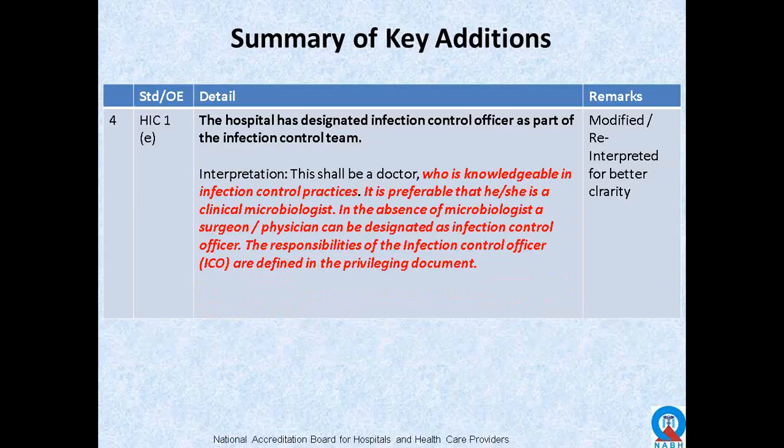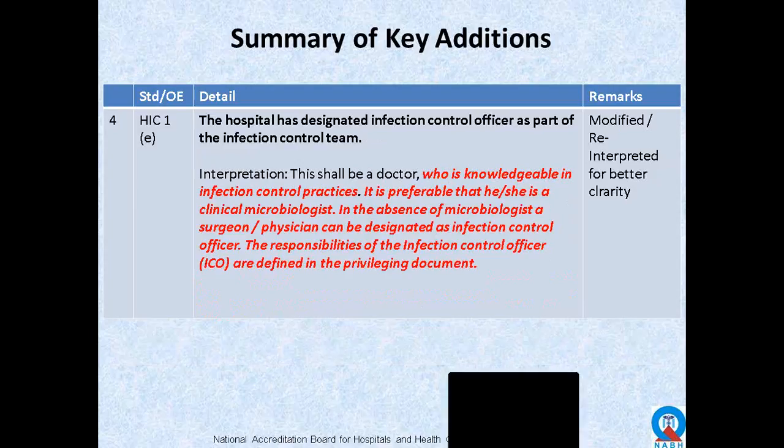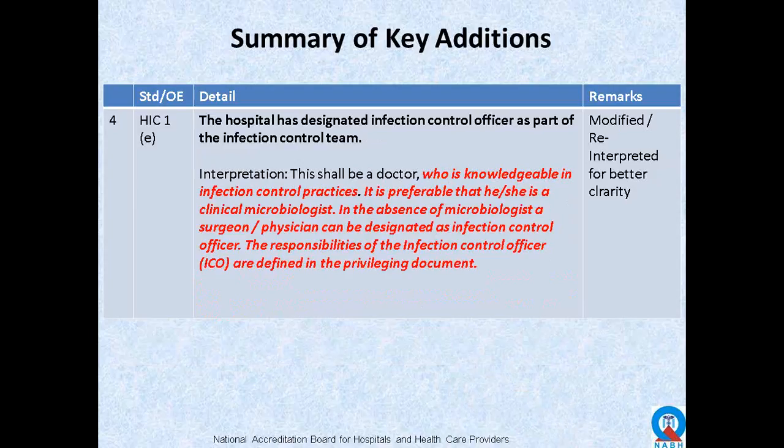The responsibilities of the infection control officer are defined in the privileging document. So the point to note is that it is preferable to be a clinical microbiologist, but it is not a mandatory requirement. If anyone else is there, he has to have some reasonable experience or knowledge about what he is supposed to do, and it should be part of the privileging document. So the interpretation is for better clarity.